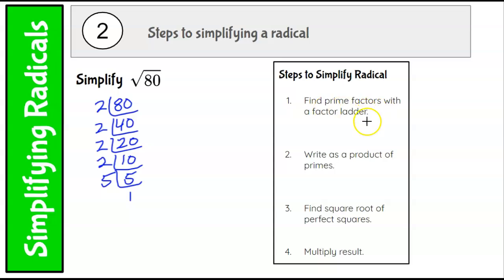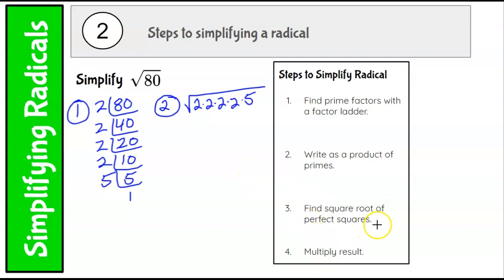So I found the prime factors with a factor ladder. This was step 1. Step 2 is to write it as a product of primes. So 2 times 2 times 2 times 2 times 5 is 80. That's the significance of those numbers. So I can write it as 2 times 2 times 2 times 2 times 5. That's the same thing as 80. You can check it if you want.